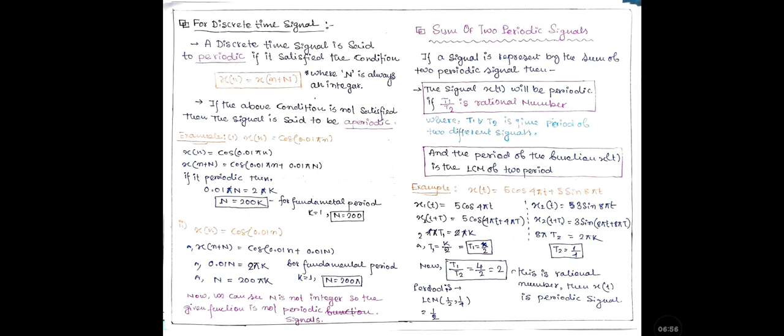Now check whether T1/T2 is rational or not. You can see that T1/T2 is 2, so it's a rational number. So x(t) is a periodic signal. And what is the period of this signal? The period is the LCM of 1/2 and 1/4. It's 1/2.